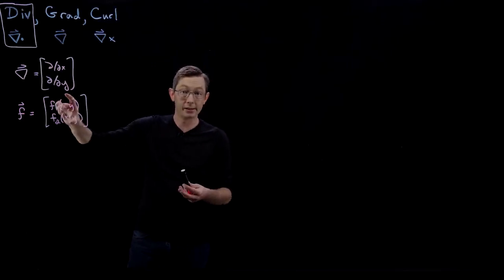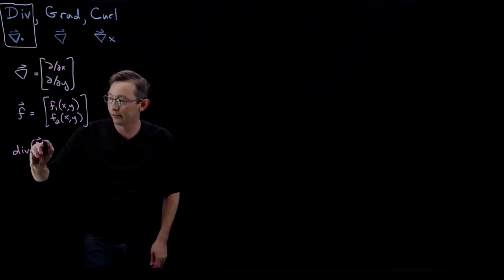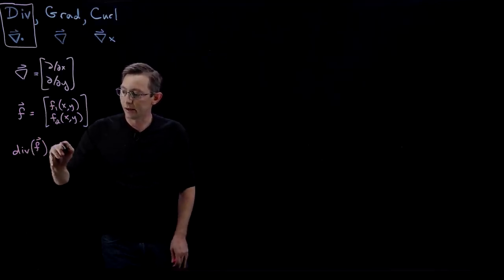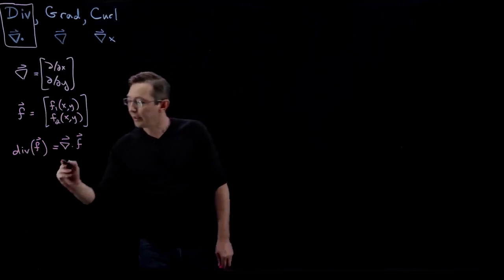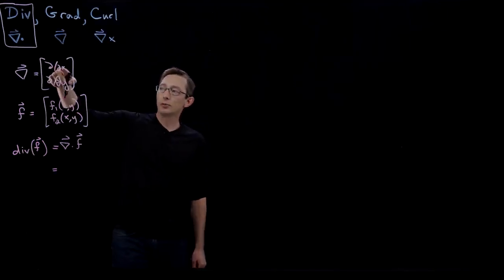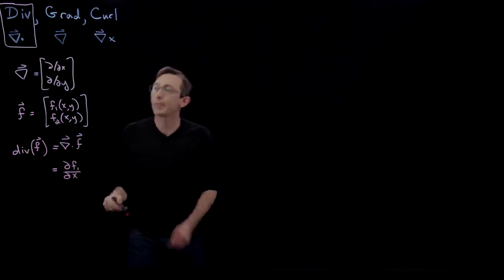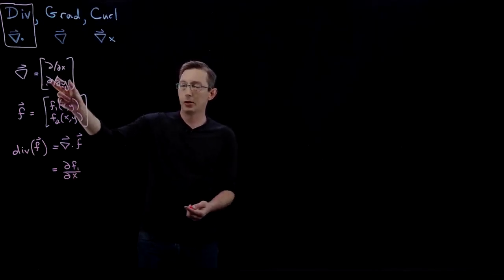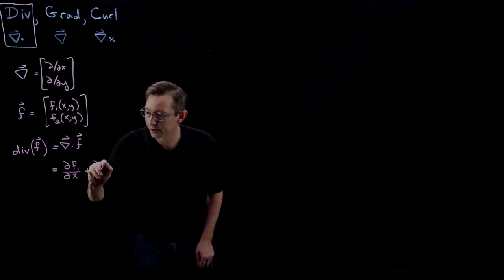Sometimes we call this div for the divergence of f. And that equals del dot f, which equals partial f1 partial x plus partial f2 partial y.